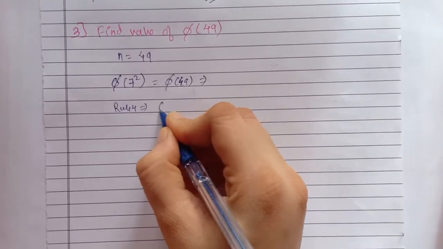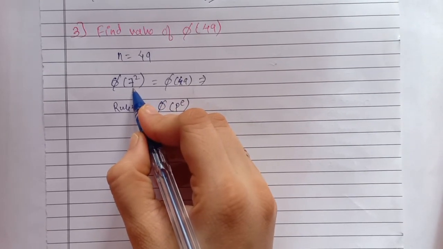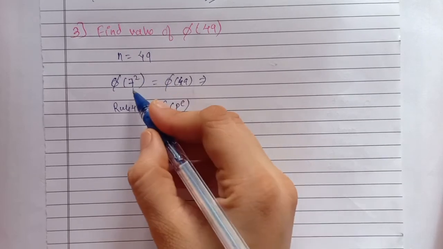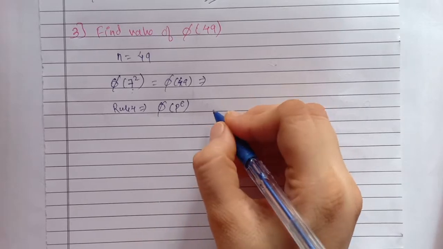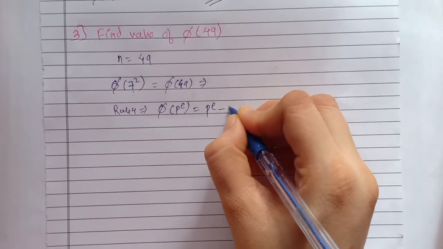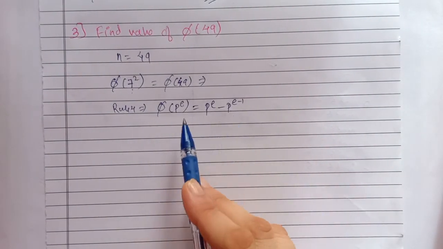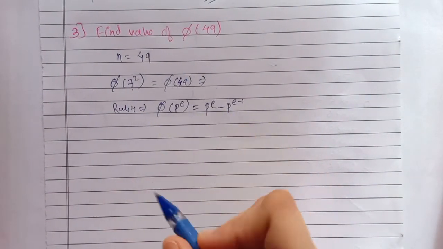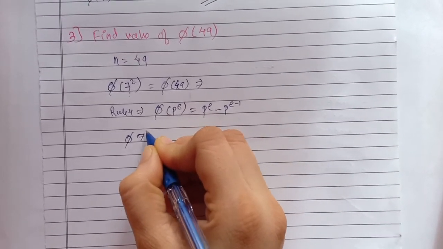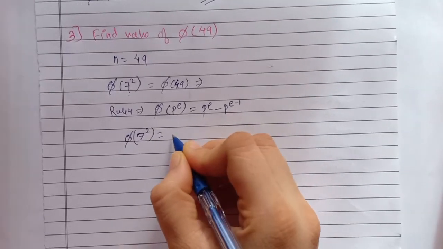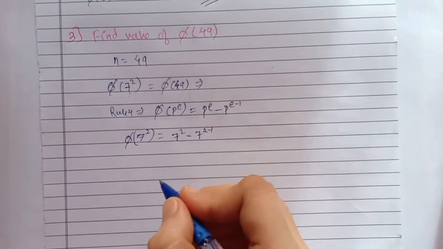Rule 4 says phi of p raised to e is equal to p raised to e minus p raised to e minus 1. Here 7 is the prime number and 2 is the exponent. So let's see. Phi of 7 raised to 2 is equal to 7 raised to 2 minus 7 raised to 2 minus 1.